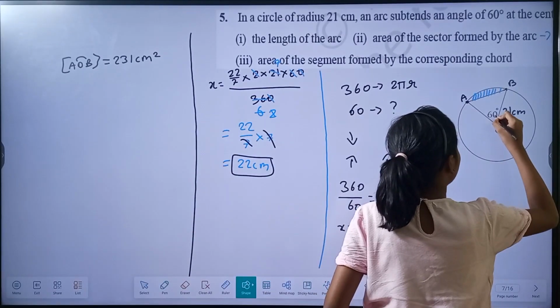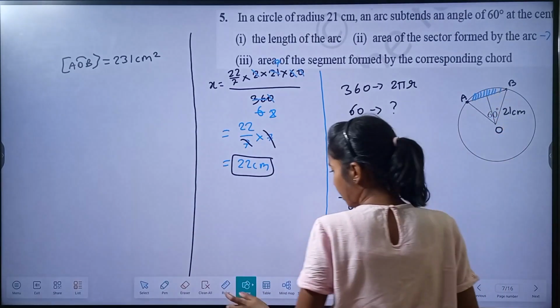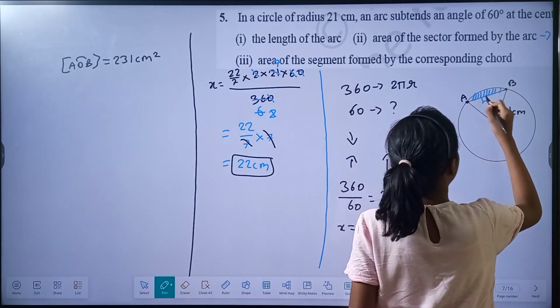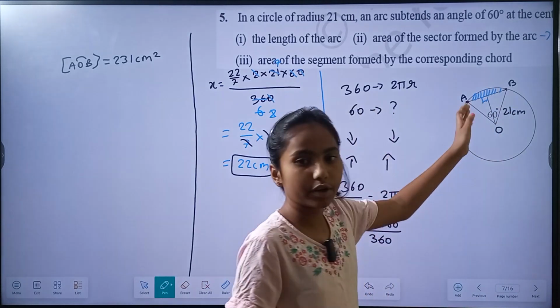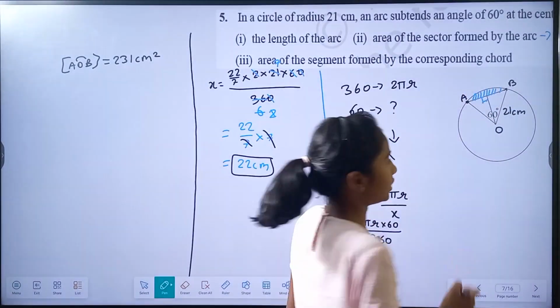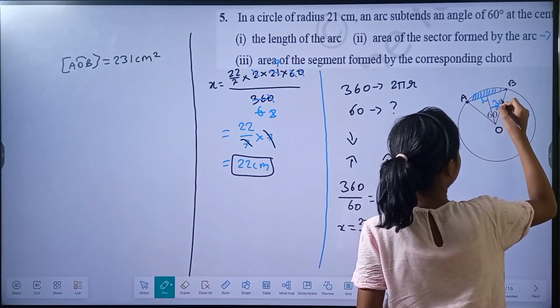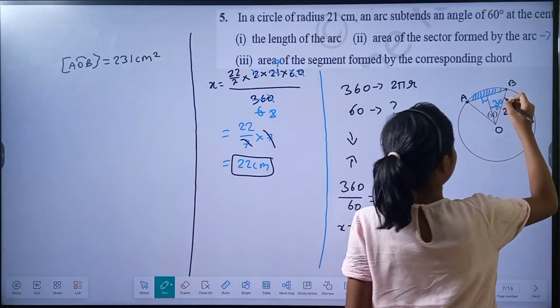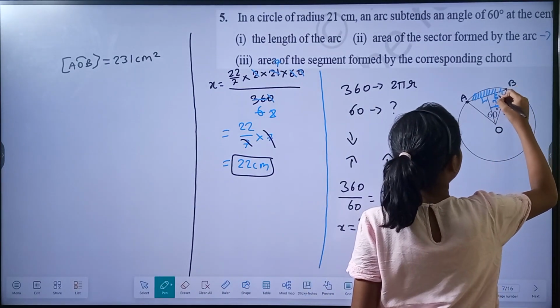Then this one will be 90 degrees, and we already know that the altitude will bisect angle AOB into 30 degrees. So this one 30 degrees, this one also 30, and we have 90, 30, this one is 60.